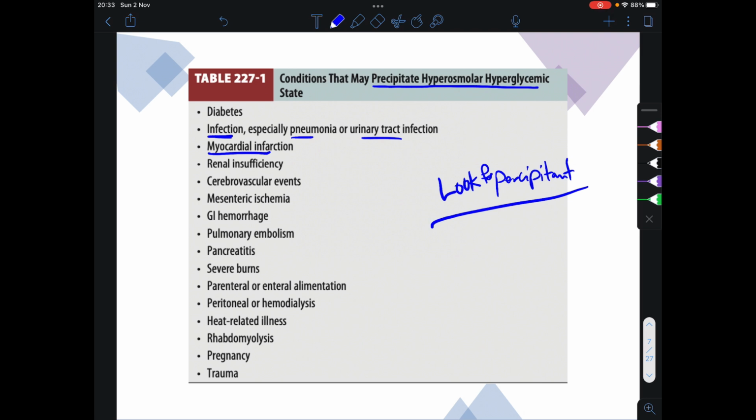If you can't find it, sometimes you'll miss it, but just make sure there is very likely to be a precipitant for this condition. Renal insufficiency as well, cerebrovascular events like strokes, mesenteric ischemia, and many more. Pulmonary embolism. So sometimes you have conditions where you treat the condition and the osmolality is not resolving. That could mean that the precipitating condition has not been treated yet.